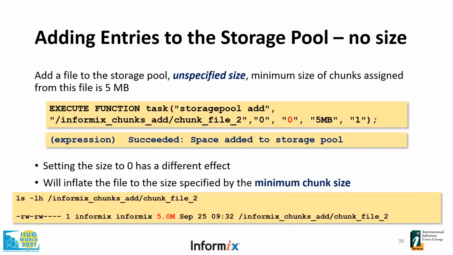As soon as I add this entry to the storage pool, the underlying file will be expanded to the minimum size of any chunk assigned from here, because we know that anything coming from this file must be at least 5 meg. So Informix will stretch out that file to 5 meg.